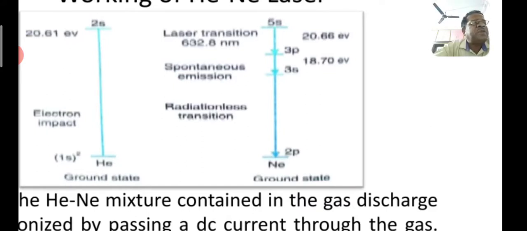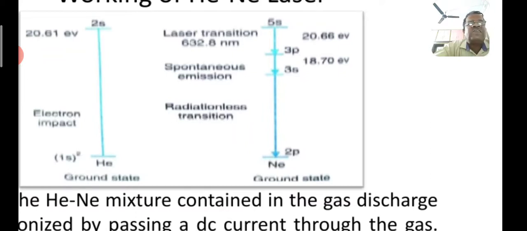Excited atoms remain for a longer lifetime, that is 10 to the power minus 3 seconds, in this state. The energy of this level, 20.61 electron volt, is almost the same as the energy of the 5s level of neon. Hence, the energy of the helium atoms is easily transferred to the neon atoms when they collide with neon atoms.